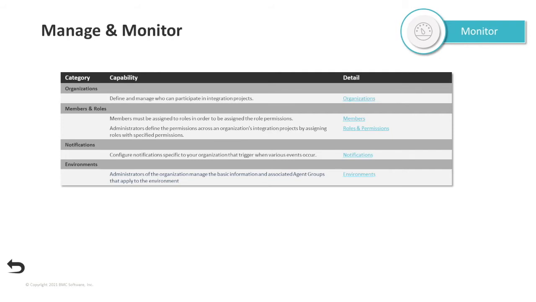Now let's focus a little more on the monitor, the third element of the integration lifecycle. So you need to know really what organizations, like dev, test, prod, which are your users, developers, admins, what access do they have, how do you want to notify people, and how do you manage your environments.